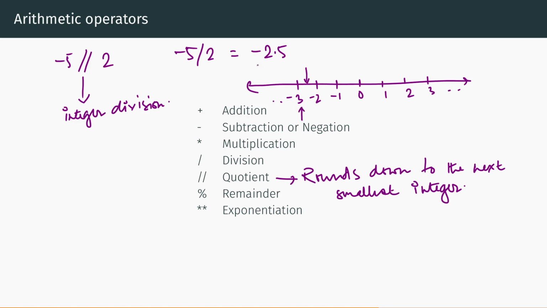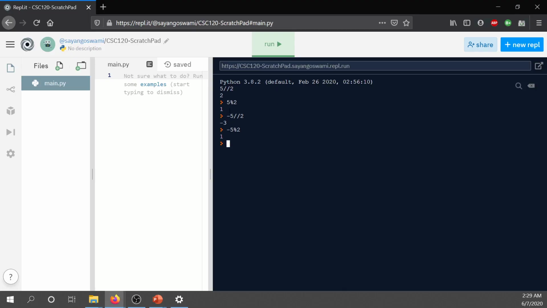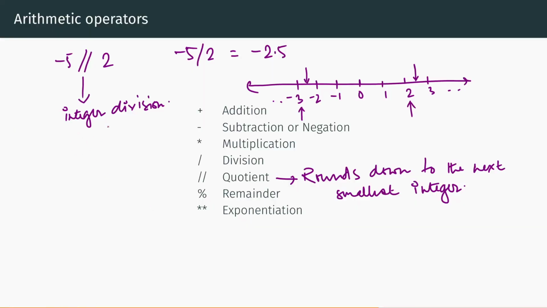If this were 2.5, 2.5 would be here, and the next smallest integer would be 2. But because minus 2.5 is to the left of the 0 on the number line, the next smallest integer would be minus 3. Which is why minus 5 integer division 2 would give you minus 3, right?